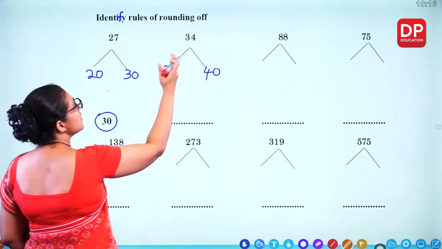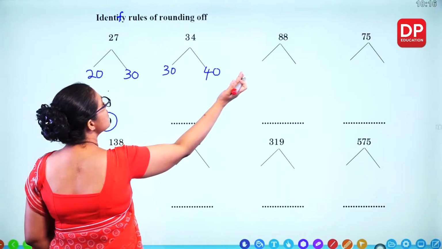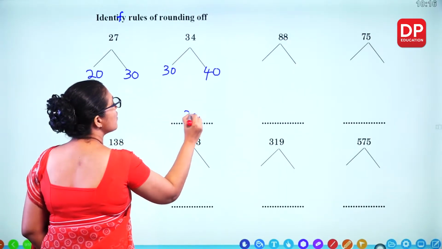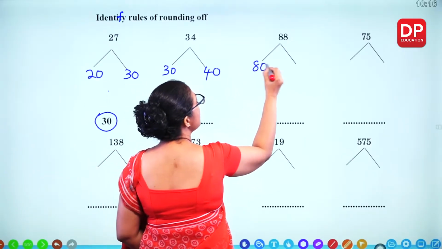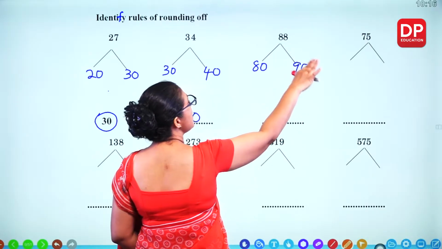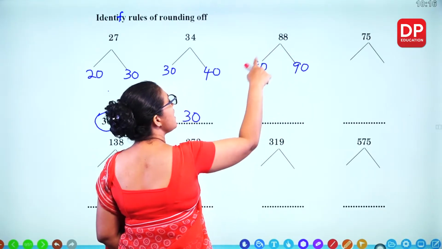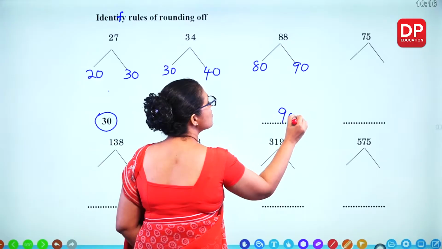Which one is closer? This is 4 units, here 6 units, so 30 is the closest value. 88 is in between 80 and 90. 88, 2 units here, this is 8 units, so which one is closer? 90.